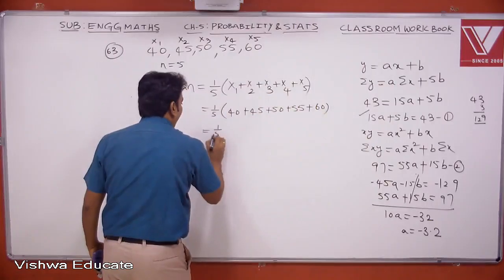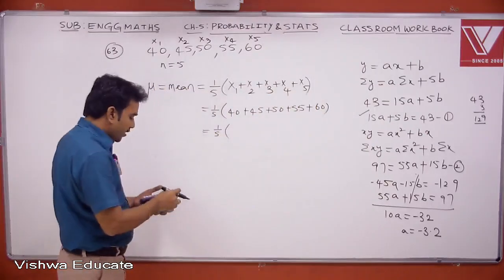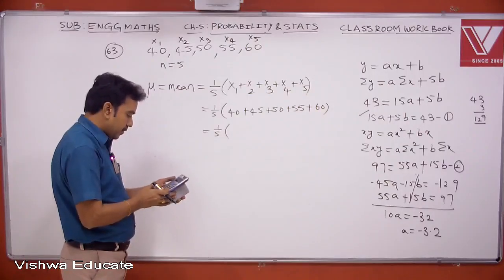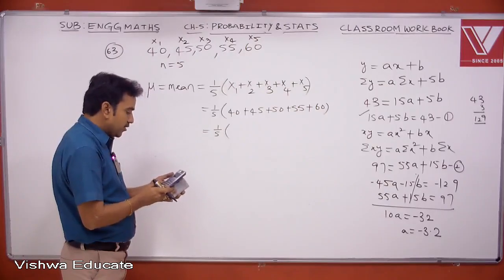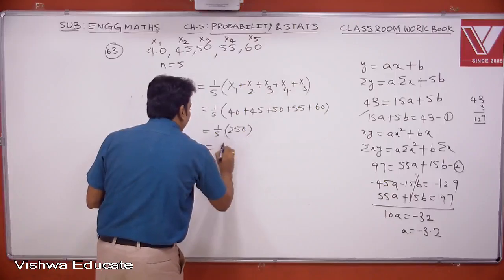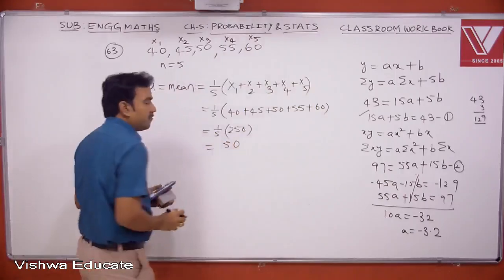Let us find the sum of these numbers. This gives me 250. So the mean value is 50.